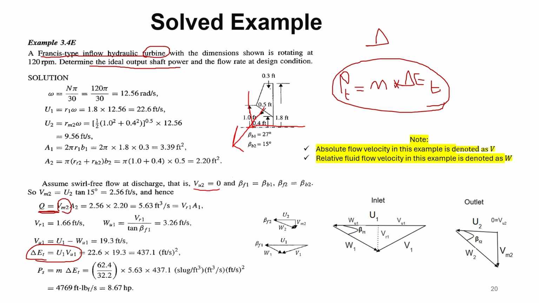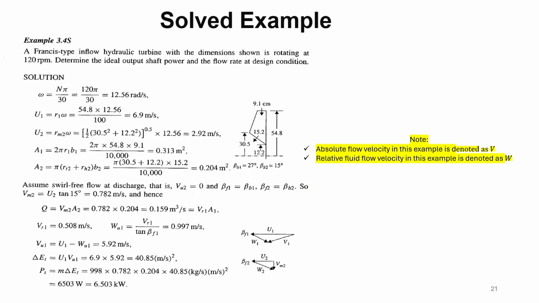And once you assume swirl-free flow at the outlet, then you can safely say that the flow angle at the inlet is equal to the blade angle at the inlet, and similarly for the outlet.